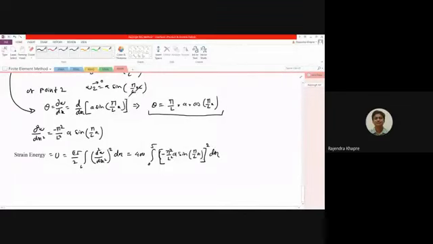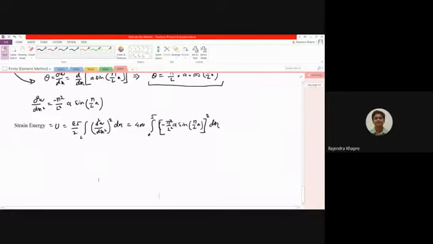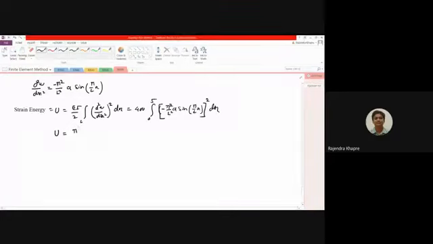So you can do the integration part later on. I already have the solution for this integration. So your u value, finally it will be something like π to the power 4 आएगा.